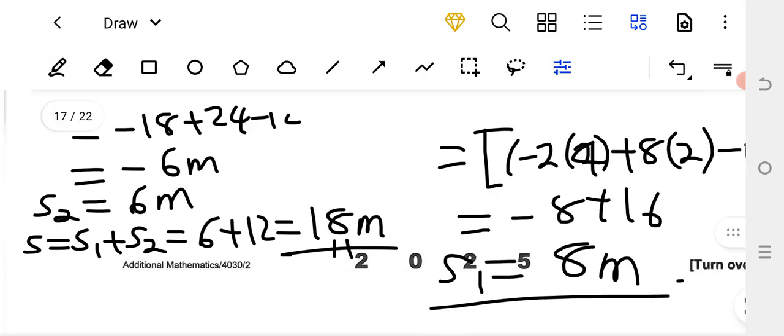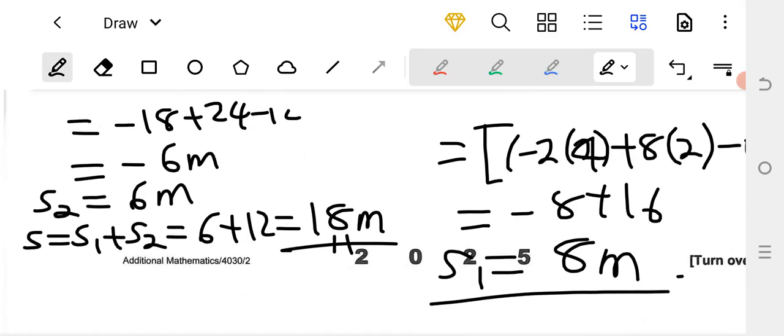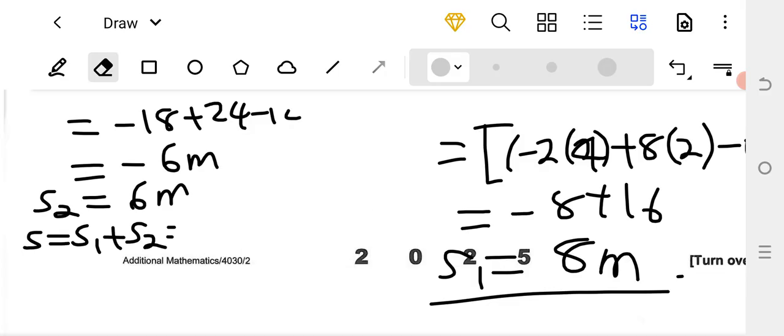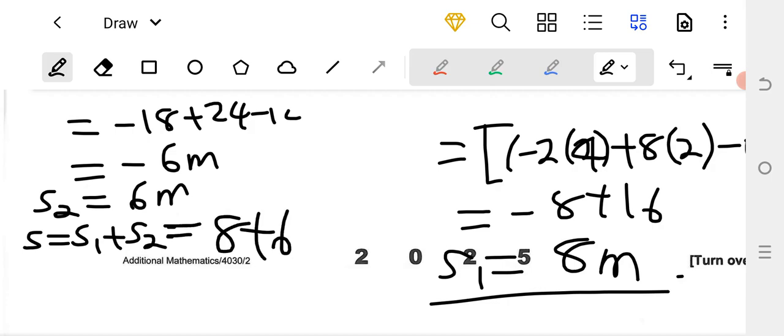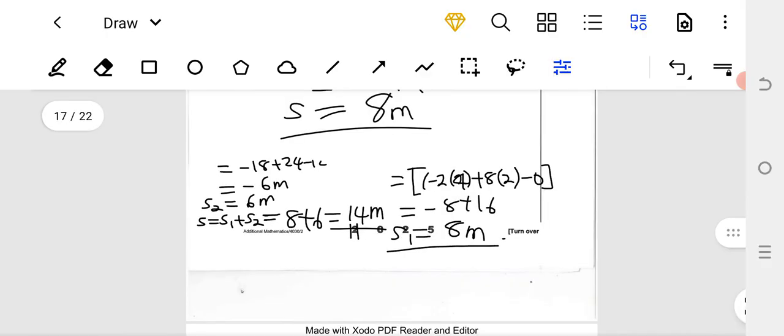So your S1, instead of what we wrote, let us clean up, is going to be equal to 8, and your S2 is 6, so 8 plus 6 is going to be equal to 14 meters as your second final answer. So there are 8 meters, there are 14 meters.